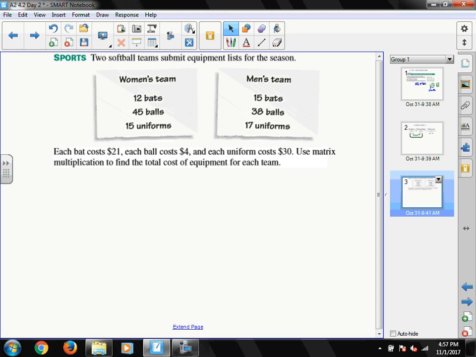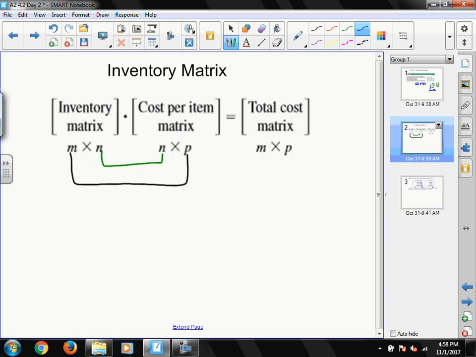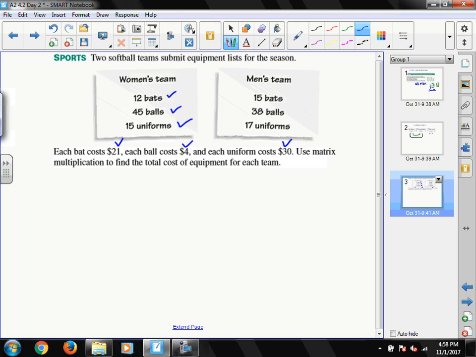So now I have to be careful on how I set this up. Since I have 3 categories of things that I need, and I've got 3 prices, I'm going to set this up so that my cost matrix, coming back from this slide here, is going to be just a column matrix.